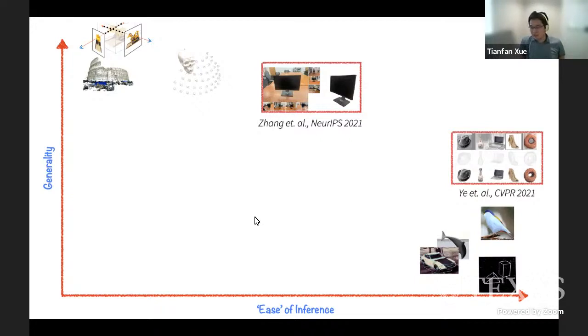What I would like to say is that, at least even in industry, it's almost impossible to just scale the amount of 3D data to the scale of, say, ImageNet, because capturing 3D data is really, really time consuming.